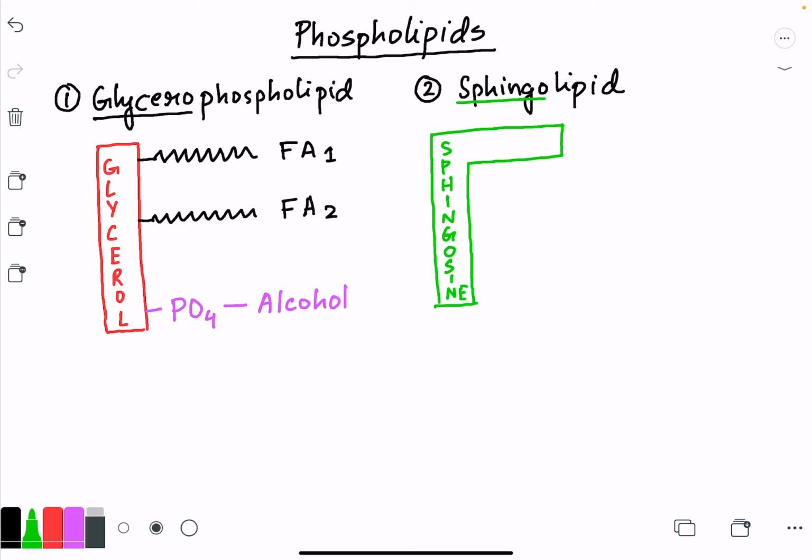This is sphingosine and it will be attached to one molecule of fatty acid. This is fatty acid 1, and this part will be attached to a phosphate group which will be attached to a choline molecule. So these are the two main types of phospholipids.